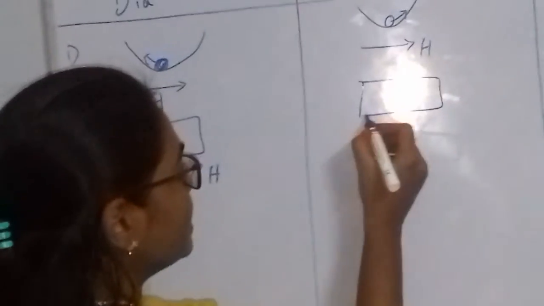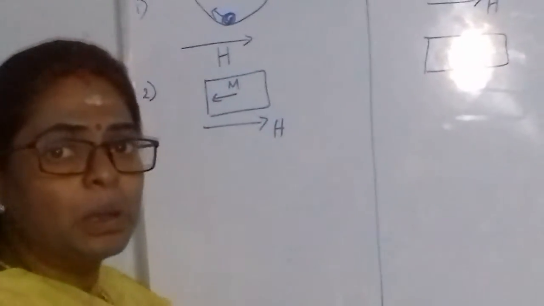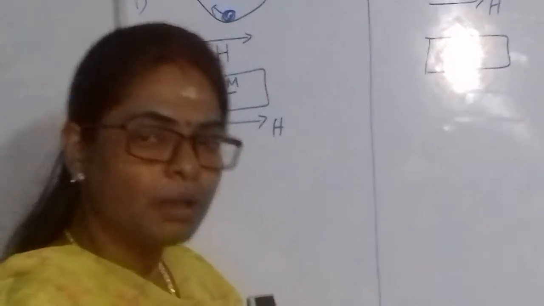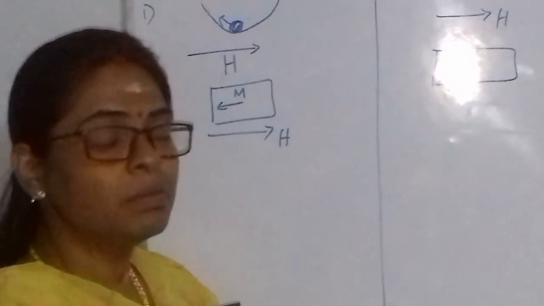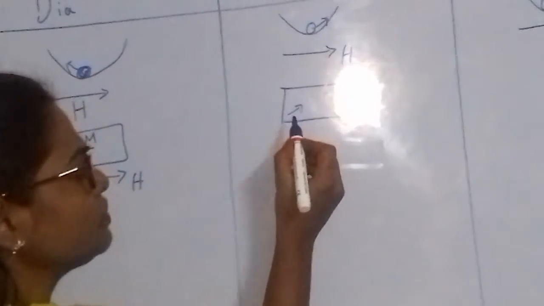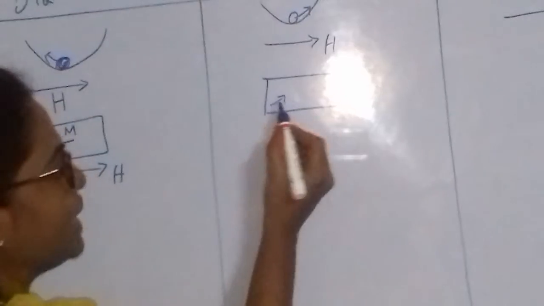For a paramagnetic material, there may be valence electrons, and there may be a spin magnetic moment for that atom. If I draw an arrow mark, this indicates the spin magnetic moment of that particular atom.